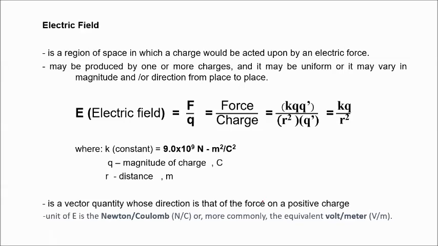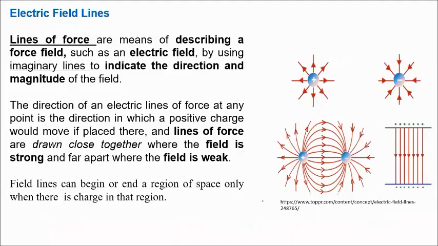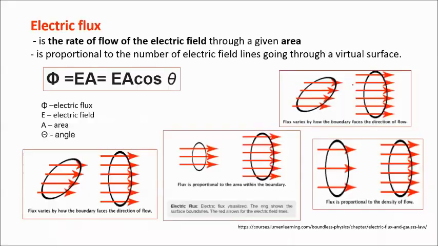This is a vector quantity. The electric field unit is newtons per coulomb, or its equivalent volts per meter. The lines of force are means of describing a force field. So positively charged away from the positive charge and direction to the negative charge, pag negative.